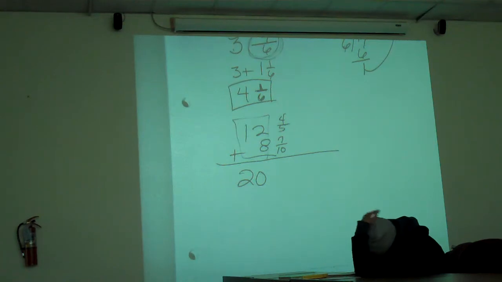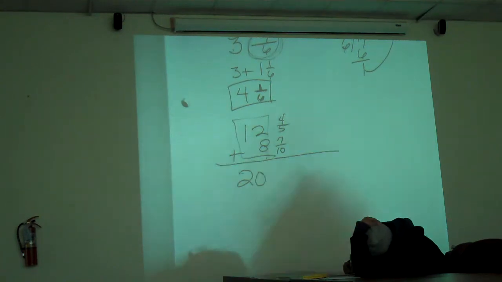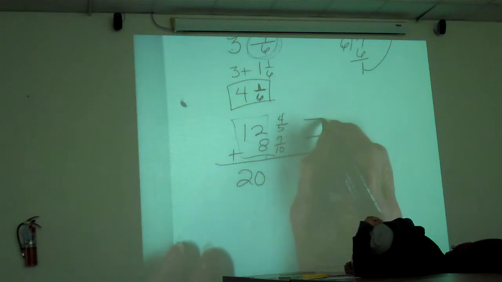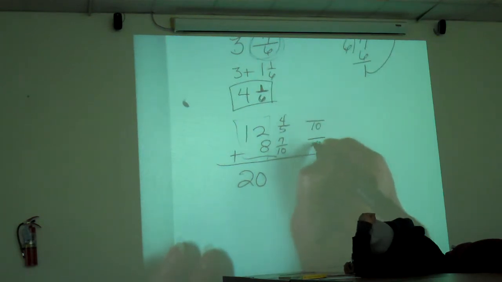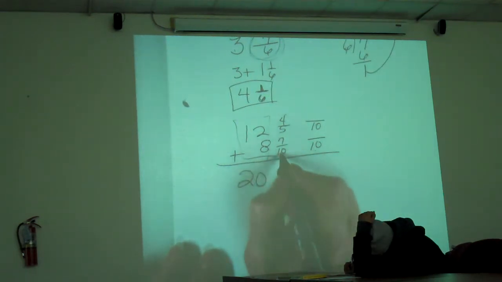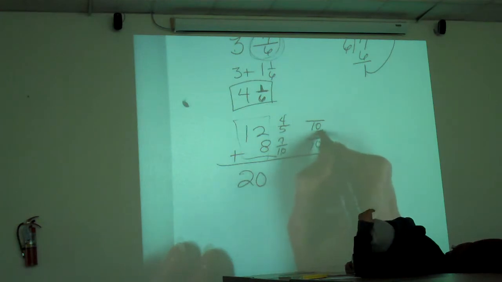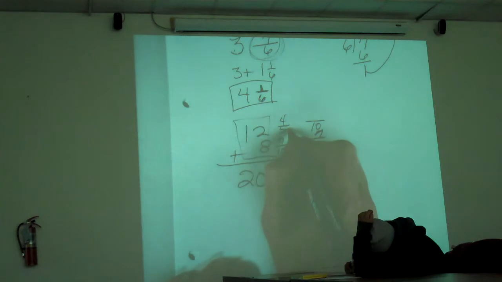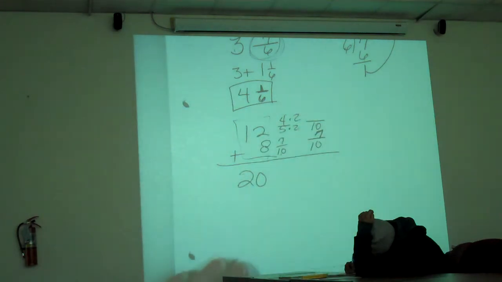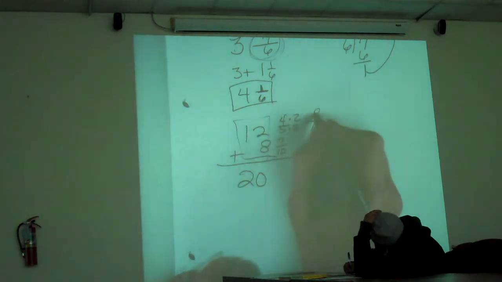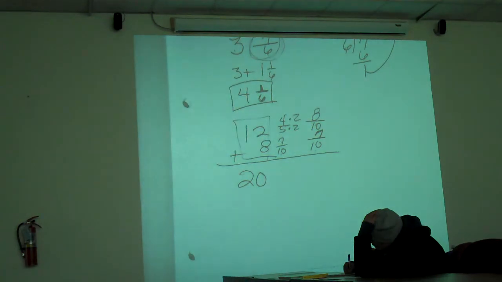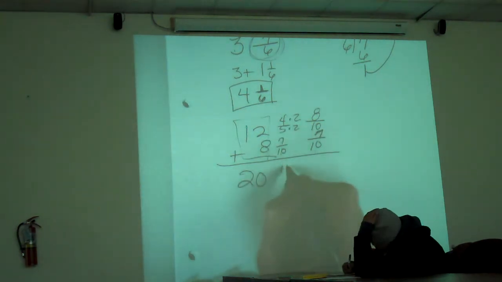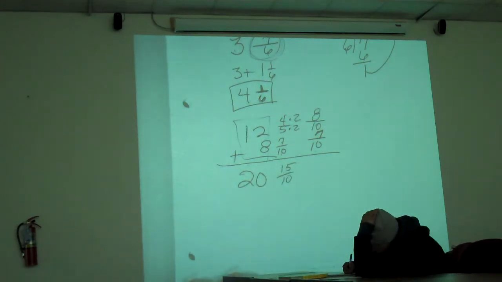Okay, 4/5 and 7/10. Common denominator? 10. Okay, the bottom one's already 10, so that stayed the same. We're still going to have a 7 there. The top one, 5 is times 2. So 4 times 2 is 8. Now 8 plus 7? 15. 15 tenths.